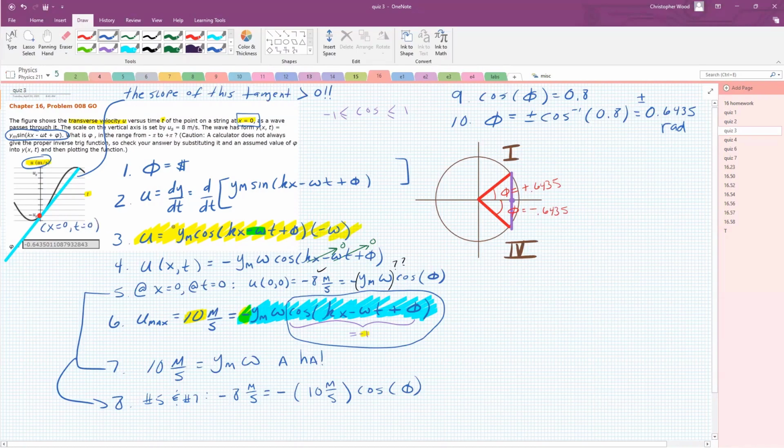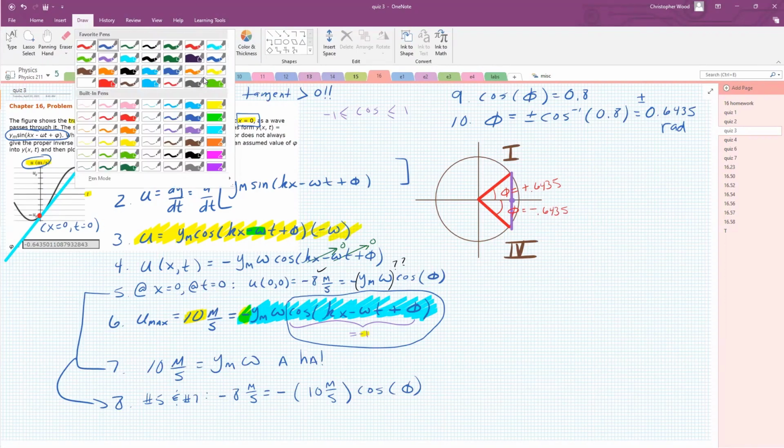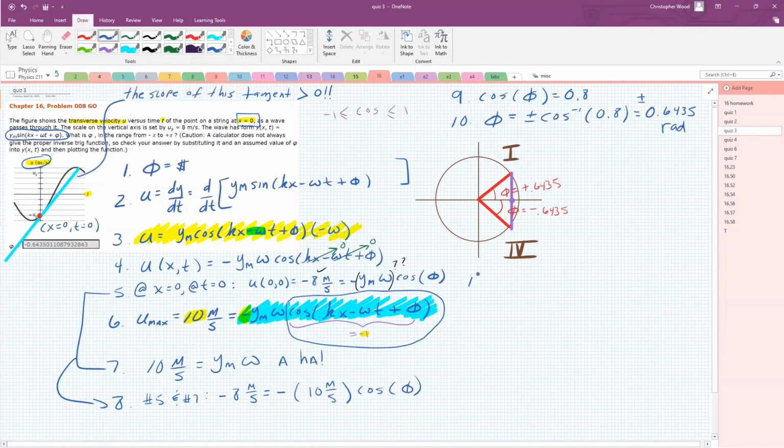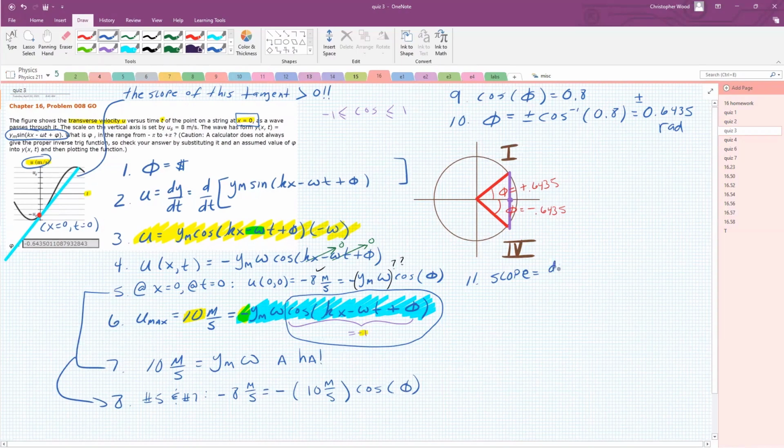So you know what I'm going to do? I'm going to use calculus to take, what is the slope? What is the expression for the slope of that light blue line? Calculus says number 11, the slope of that light blue line is equal to du dt. du dt is the slope of that blue line.